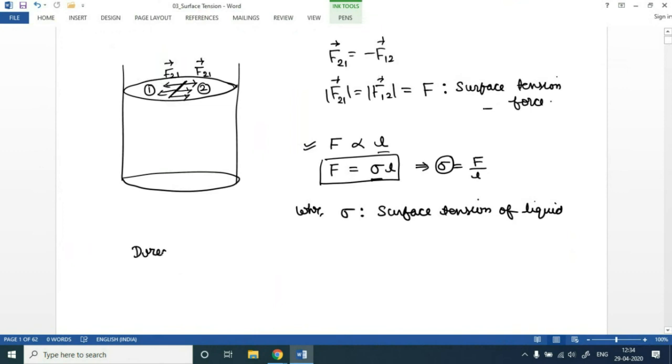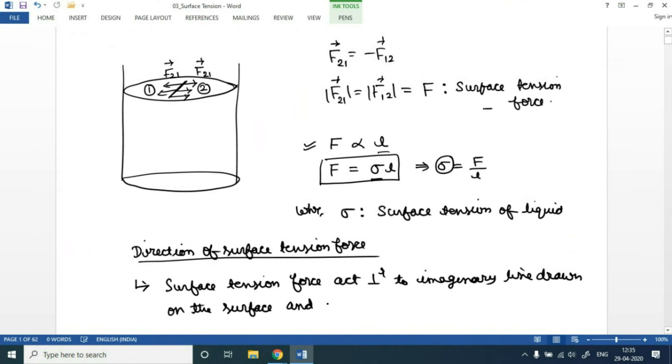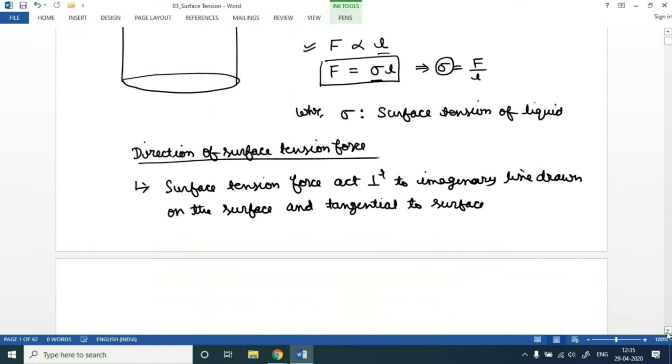Direction of surface tension force. Clearly, the surface tension force acts perpendicular to the imaginary line drawn on the surface and tangential to the surface.